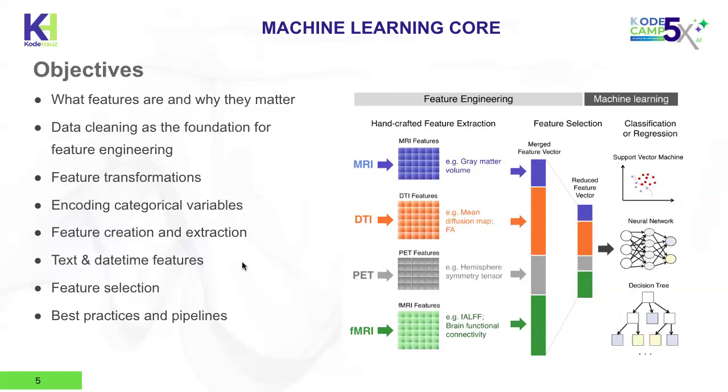So we start with data cleaning, then we will talk about feature transformations. Feature transformation allows you to transform a feature from a format that is non-numeric, like a text format or whatever, into a feature that is numeric.